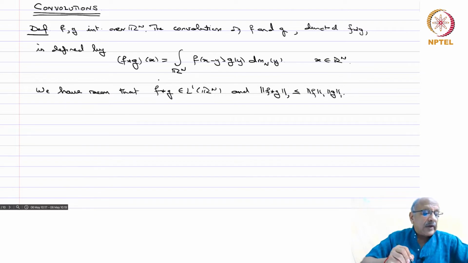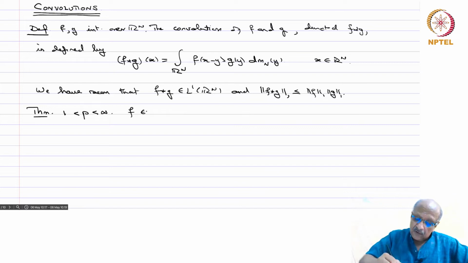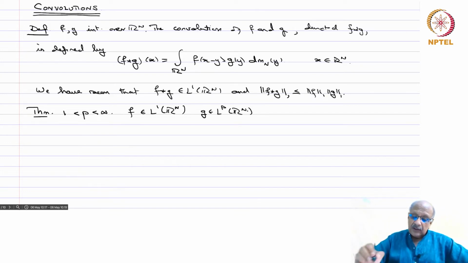So we will now try to extend the definition of the convolution product to other functions, not just L1 functions. Theorem: 1 less than p less than infinity, f in L1 of Rn and g in Lp of Rn. We have also seen that the convolution product is both commutative and associative, either in the lectures or in the exercises.